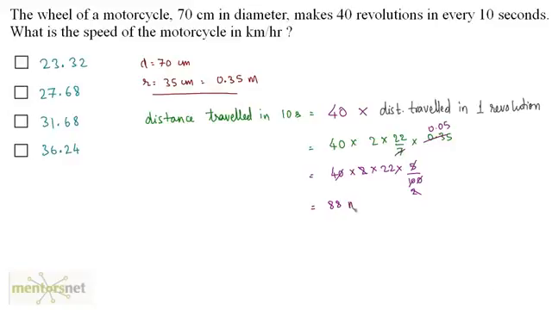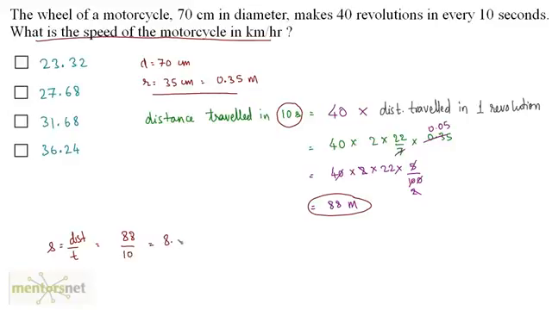And this will be in meters. Now we want the speed of the motorcycle in kilometers per hour. Well, let us calculate the speed. Speed is equal to distance upon time. Now the distance is 88 meters traveled in 10 seconds. So this is equal to 88 by 10, and that's 8.8.